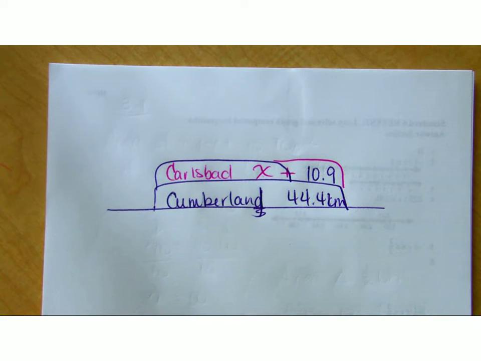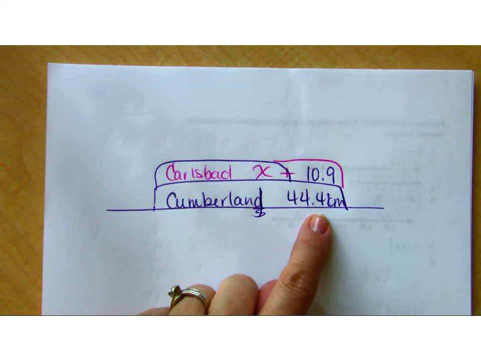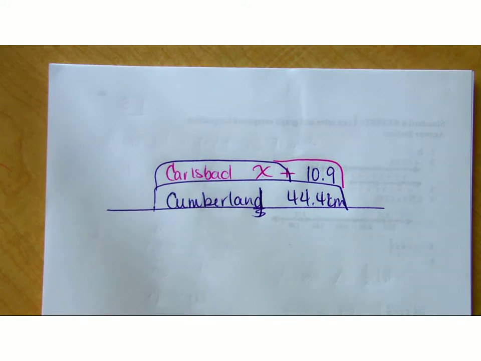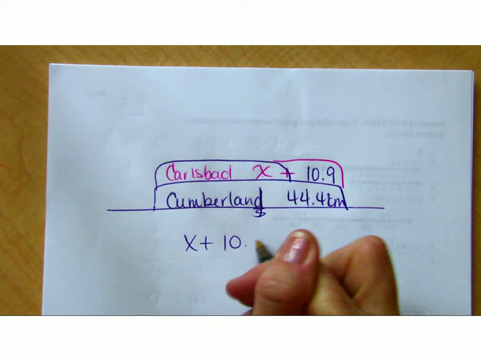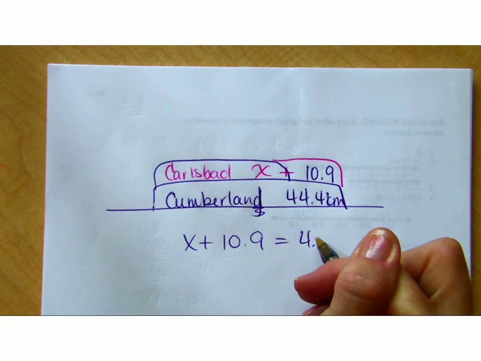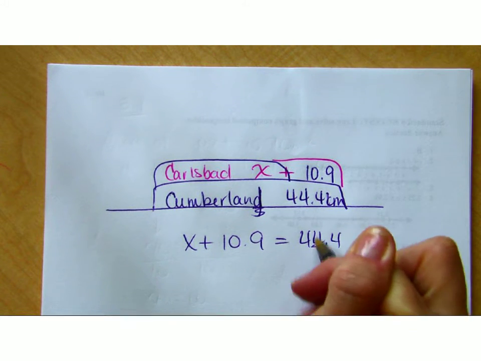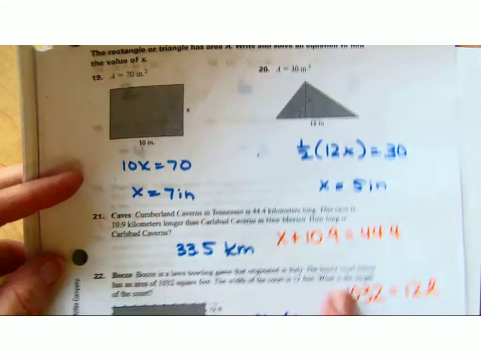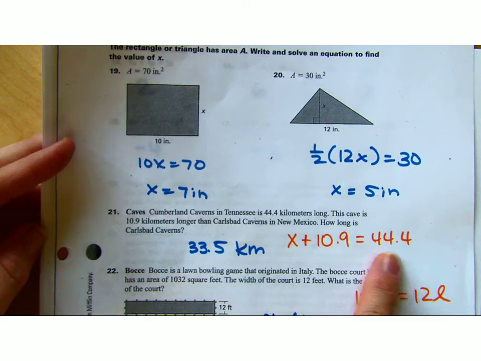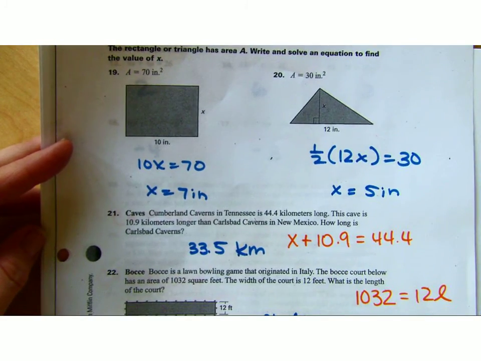Or you say, well, if this one's longer, all I have to do is subtract the 10.9 from it to get this cave. And if you subtracted to get your answer, what type of problem did it start out as? An addition. So I'm looking for this equation, and that will equal the length of that, okay? Which is why you have that, plus that, and then 33.5 is that.